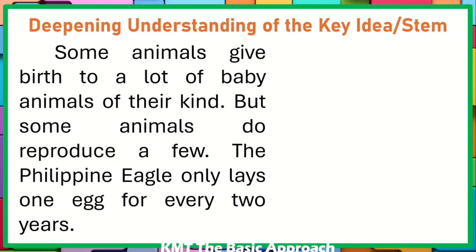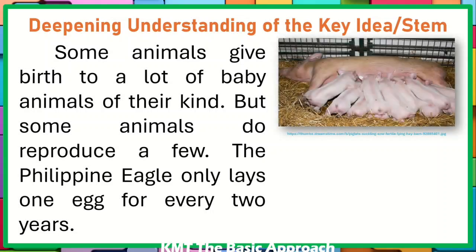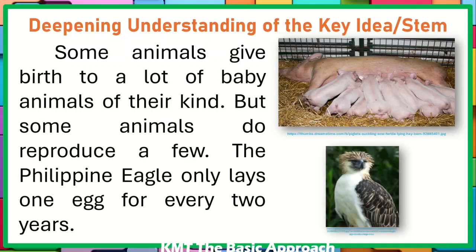Some animals give birth to a lot of baby animals of their kind. But some animals do reproduce a few. The Philippine eagle only lays one egg for every 2 years.